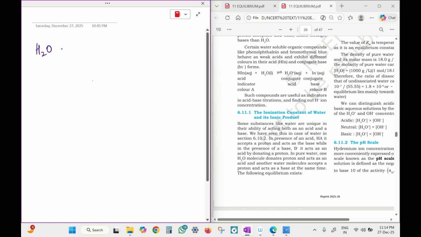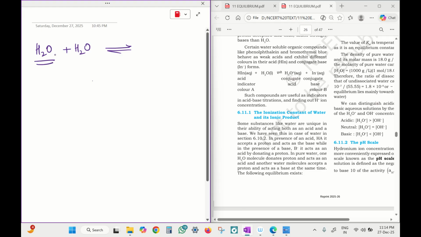Water is considered as a weak electrolyte, and therefore water has a tendency to dissociate also. So when it tries to dissociate, it is going to produce H plus and OH minus ion.